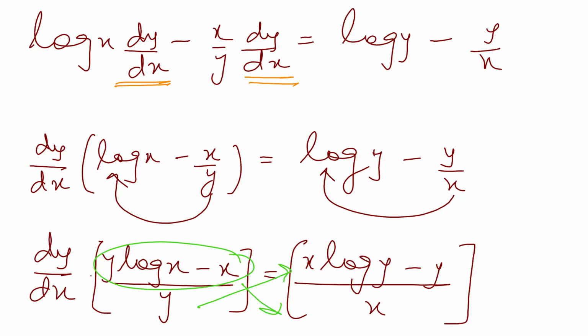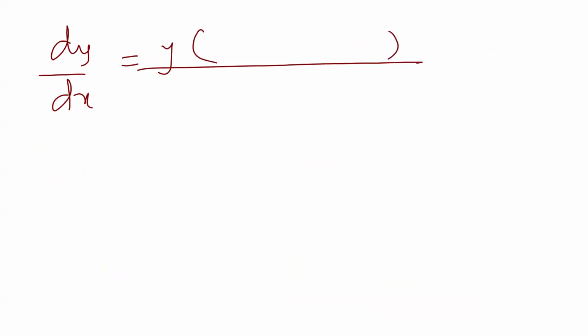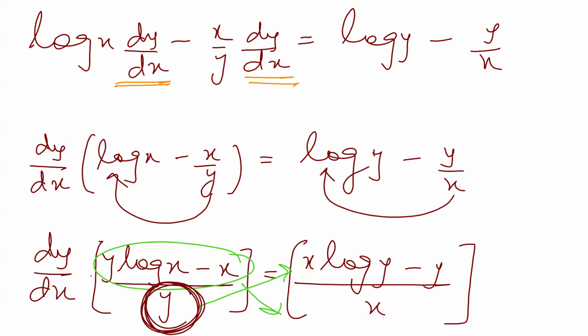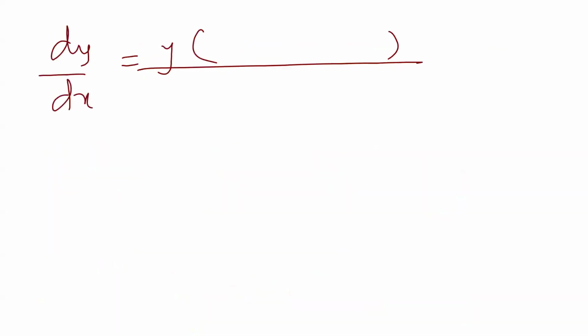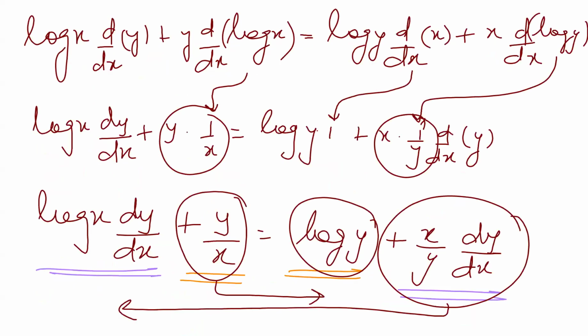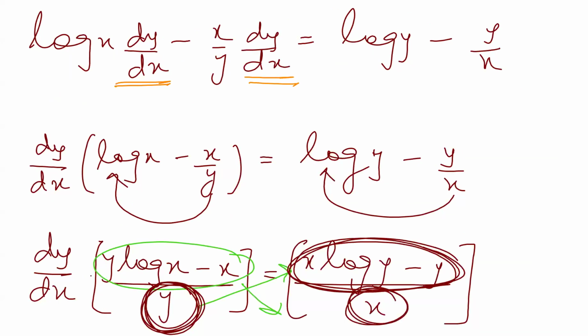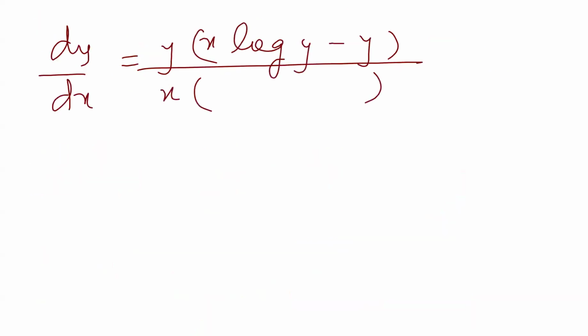So dy by dx is equal to y, just see, I'm taking this y on the other side, into x log y minus y, put a bracket, upon x into y log x minus x.